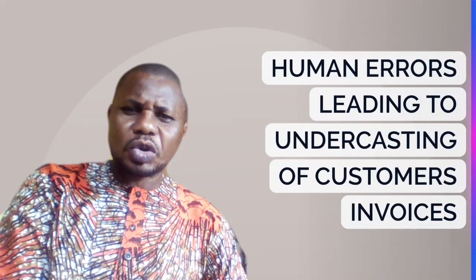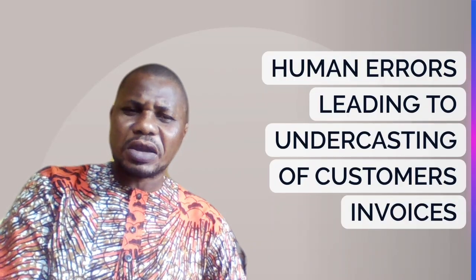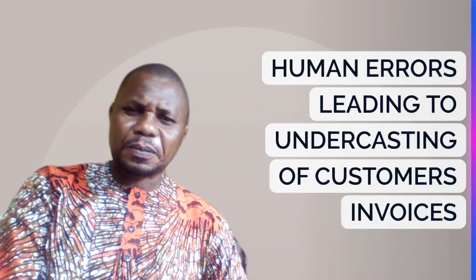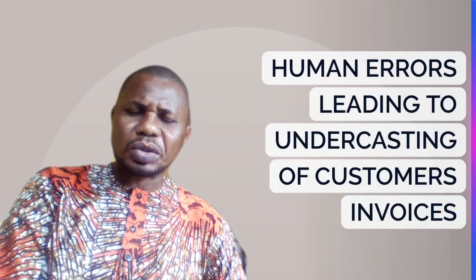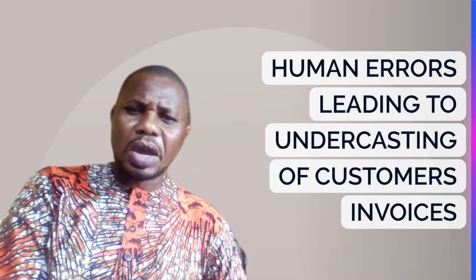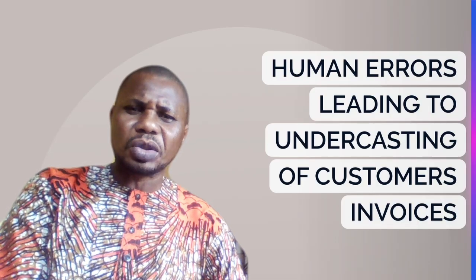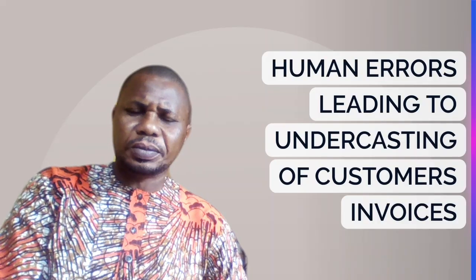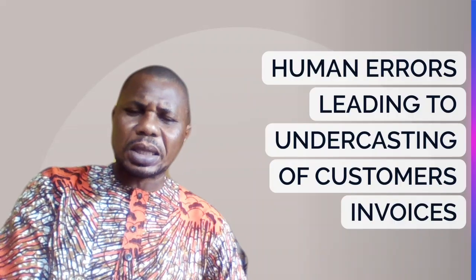First is human errors leading to undercasting of customers' invoices. There are many small business owners who run a reasonable volume of transactions on a daily basis, especially those who are into trading, that is supply of goods, those who are into buying and selling.